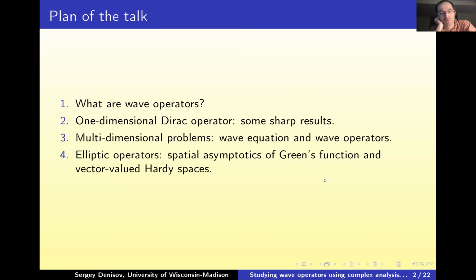And the punchline will be that we'll have to combine techniques of partial differential equations and complex analysis, but this is not going to be complex analysis of scalar analytic functions, rather vector-valued analytic functions. And the Hardy spaces will not be scalar Hardy spaces, rather vector-valued Hardy spaces. I'll talk about that later, and I'll try to explain the main ideas.